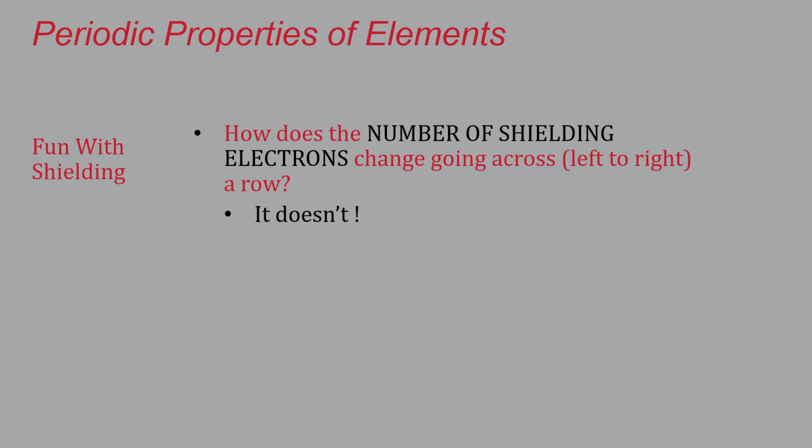So remember, all of the screening electrons are all of the electrons in the shells under. In any one row in the periodic table, you are filling in any one particular shell. So the number of screening electrons actually remains constant until you start a new row, in which case the number jumps up quite a bit.